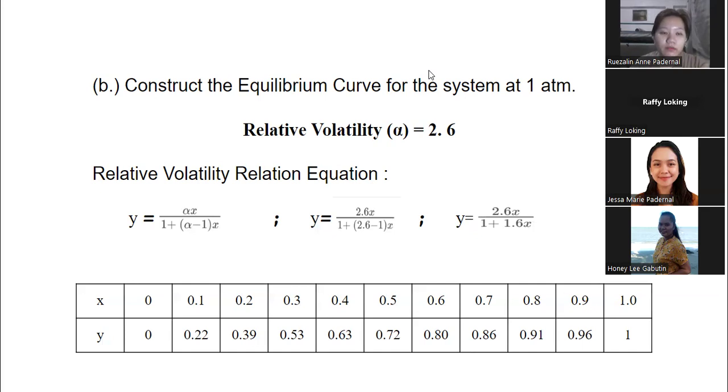So that would be our value for y at that x point. And this will be applied to all our x values, and we now have our table. From this table, we will construct our equilibrium curve.